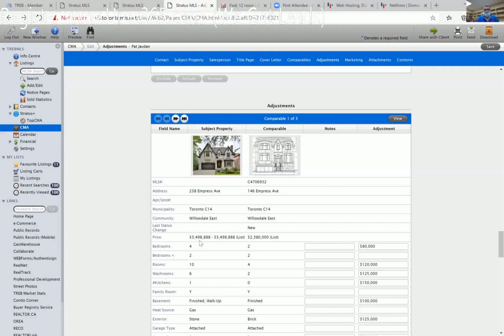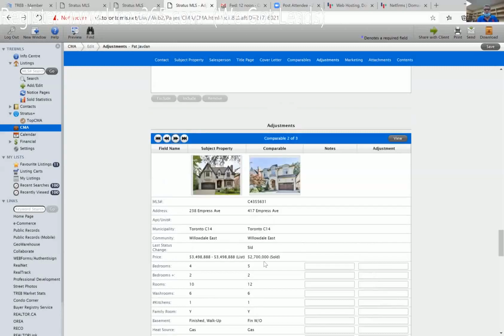Now we got this one. This is the one that sold last year, 417 Empress Avenue, comparing to 238 Empress Avenue. This is sold. This is new. We sold 2,700,000.